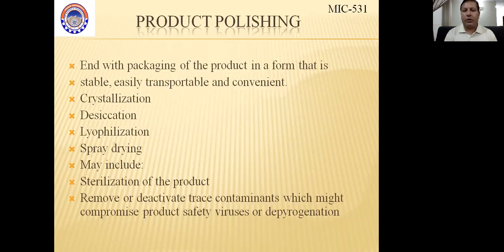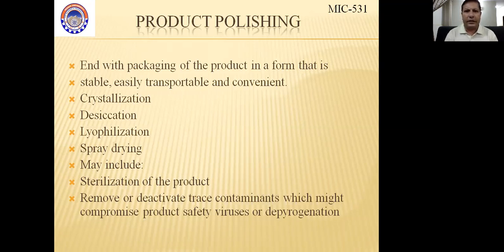It must be stable in the market, easily transportable, and convenient due to that coating and packaging. For product polishing we have crystallization, desiccation, lyophilization, and spray drying, and it may include sterilization of the product, removing or deactivating trace contaminants which might compromise product safety, such as viruses or dehydrogenase enzyme activities.